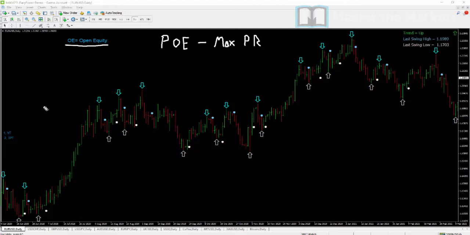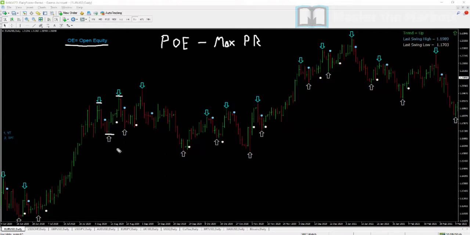So if we're looking at this move from this one here, it's going down, so down to here would be phase 1, and then going back from there to the top would become phase 2. So that's phase 1 and phase 2. What we're looking for is wherever you enter the trade to the maximum point it reaches.